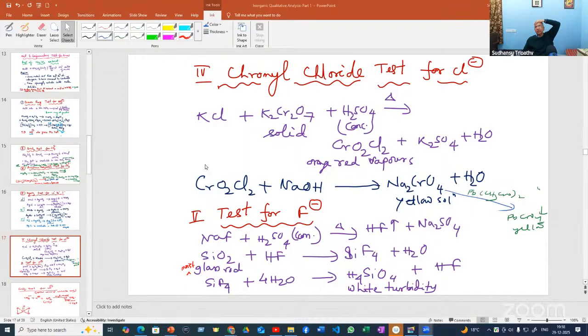Toluene is converted to benzaldehyde by using chromyl chloride. What is the name of the reaction? Yes, the Etard reaction.